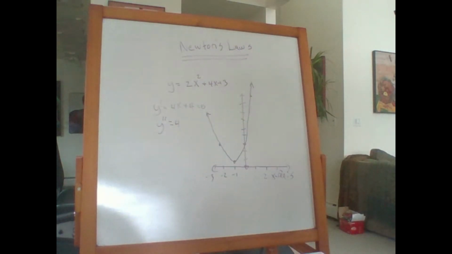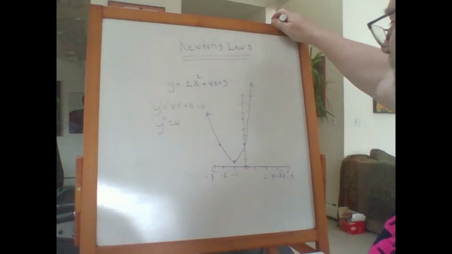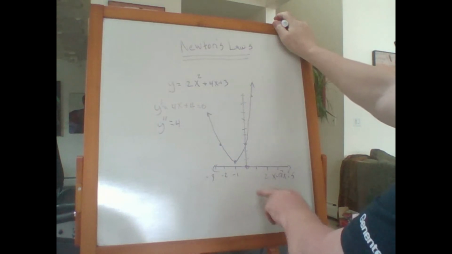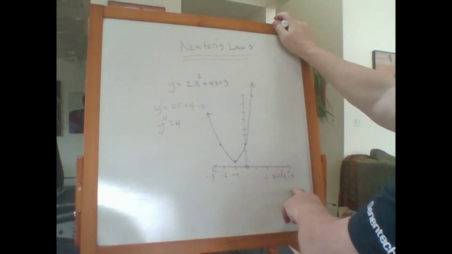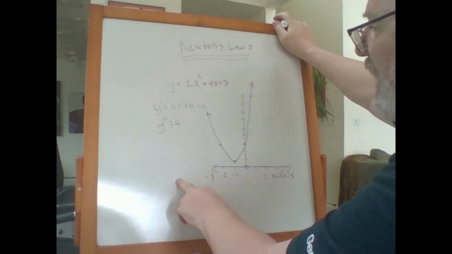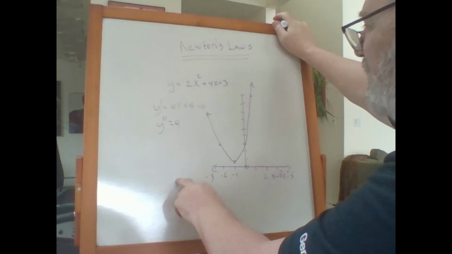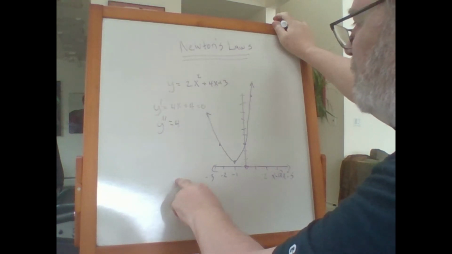This is the rate of change. Now we see the rate of change of this is not the same. As we move along the x direction, the rate of change either increases or slows down.